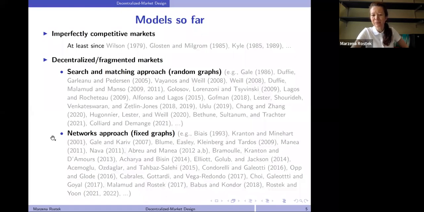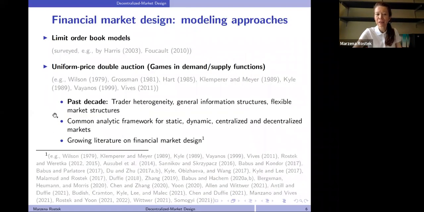Still, broadly speaking, there are at least 2 classes of models through which the literature on financial market design, centralized or decentralized, has developed. One is based on the limit order book, which has been popular in markets in which bidders have unit demands and supplies.